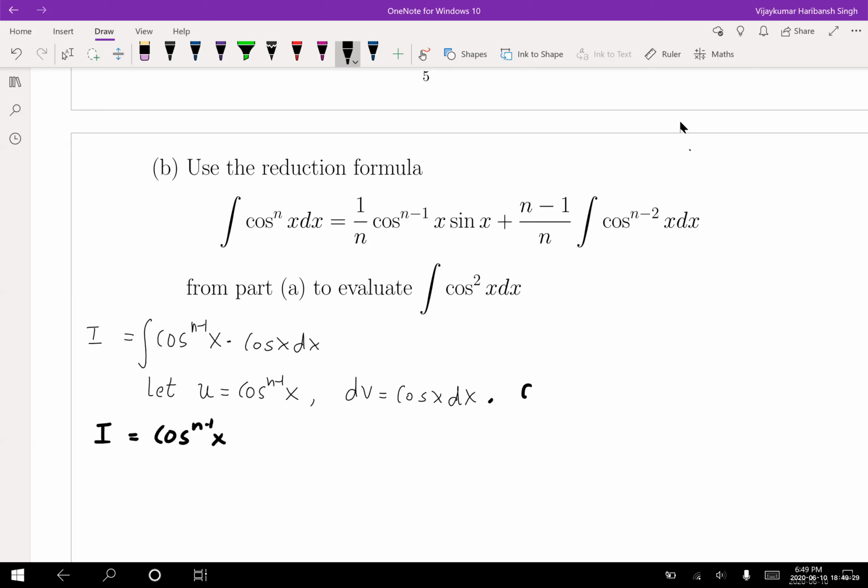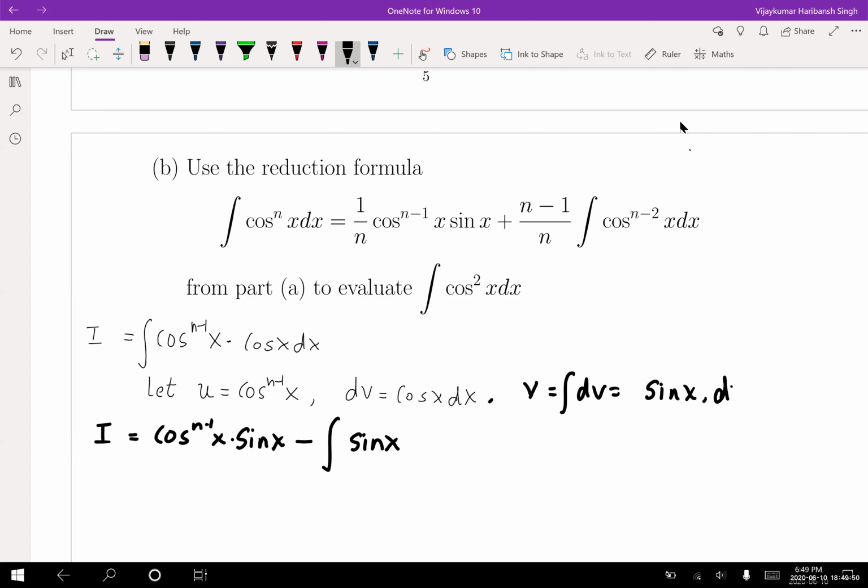What is v from here? So we get v is integration of dv, which is going to be sine x. So times sine x minus integration of v du. So again sine x.